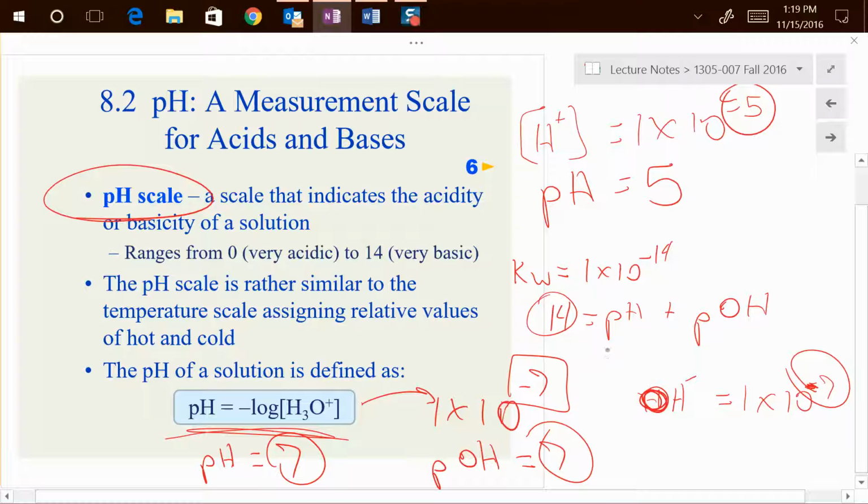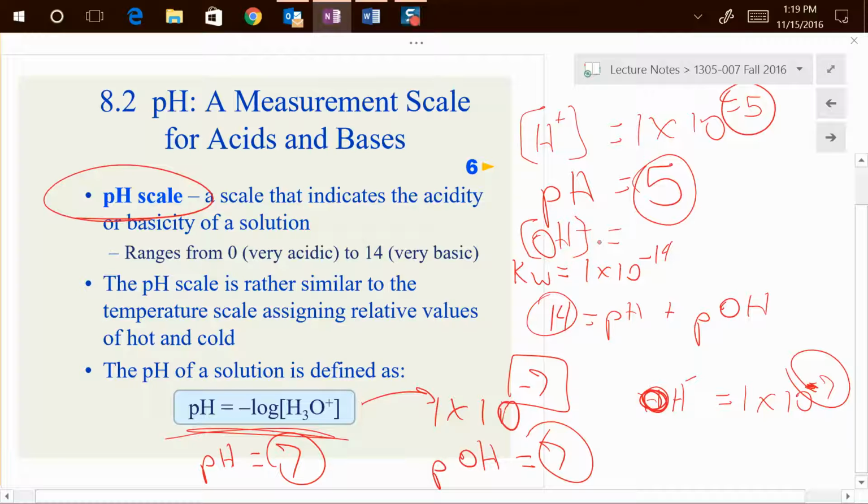If my pH is 5, my pOH is what? Nine. So what's the OH minus ion concentration equal to?